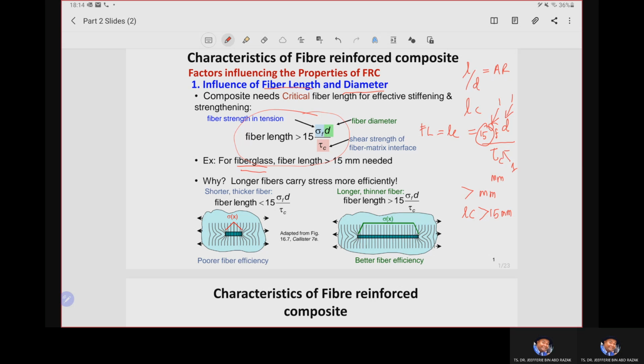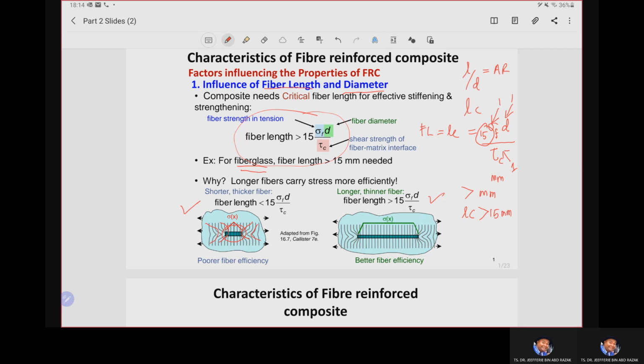The following diagrams at both below left and right here show you why the longer fiber is required to carry stress more efficiently. For shorter fiber, which we call shorter fiber or discontinuous fiber, as we can see here, the matrix seems deformed around the fibers during the loading, such that there is virtually no stress transfer and only little reinforcement effect is introduced by the fiber.